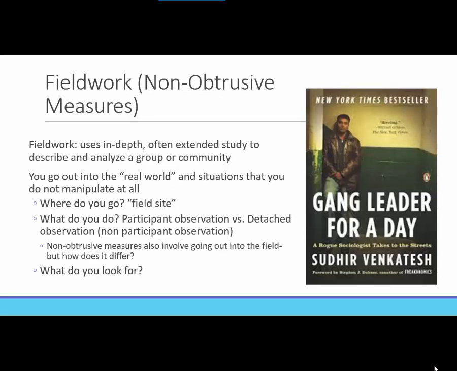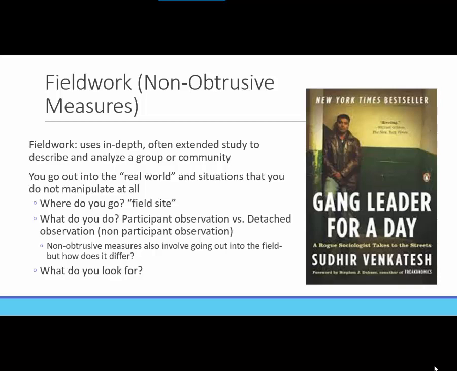So now we come to research design number two, as well as a discussion of non-obtrusive measures, and that's field work. And for field work, this is always qualitative data, because field work is when you do in-depth, extended study to describe or analyze a group or community.